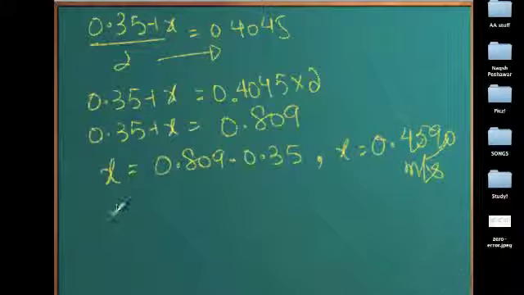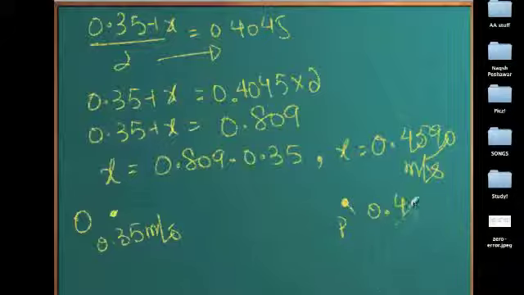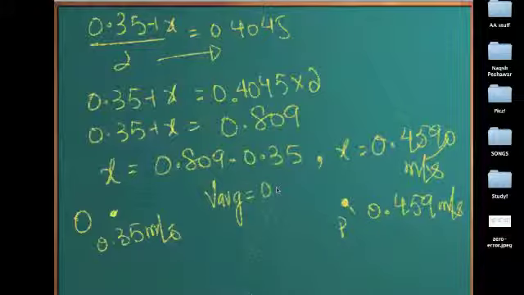So we can safely say that the motorbike initially started with a velocity of 0.35 meters per second, and at the final point the velocity was 0.459 meters per second. So the average velocity was 0.4045 meters per second of the bike.